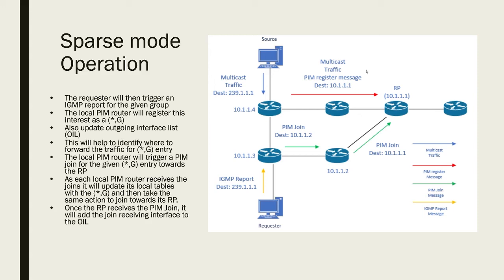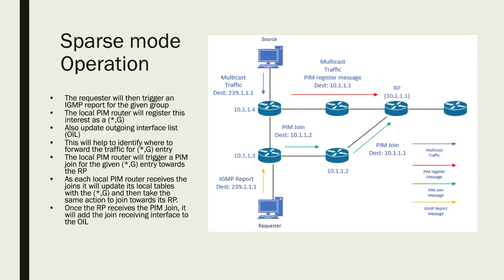But its outgoing state, it has nothing right now. Now, because it's just received a PIM join message, it can update that outgoing interface list. And as a result, that RP is going to say, now I have requesters. Now I have people who are interested in this traffic.